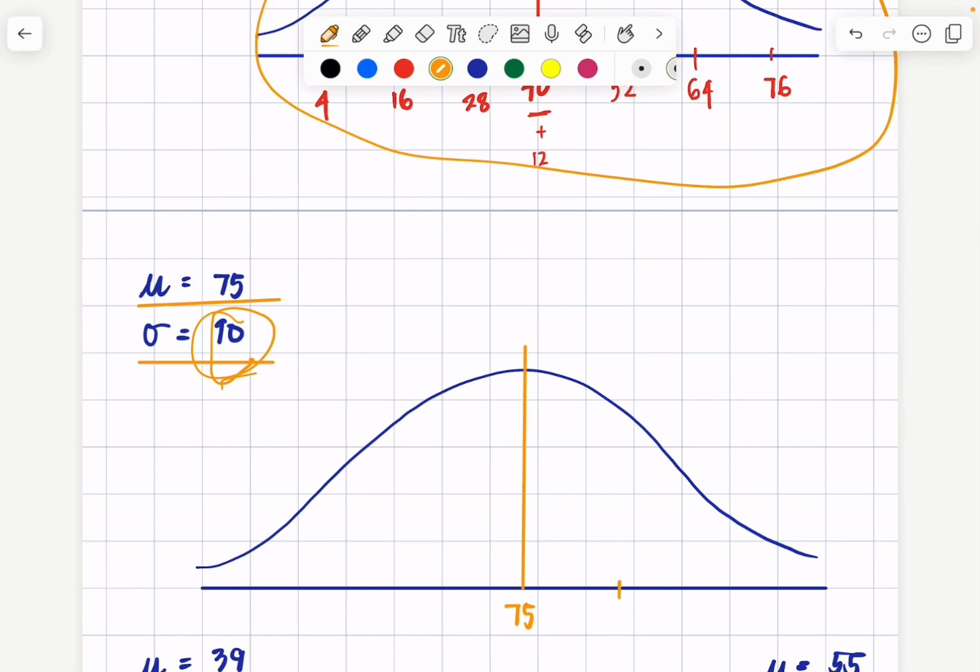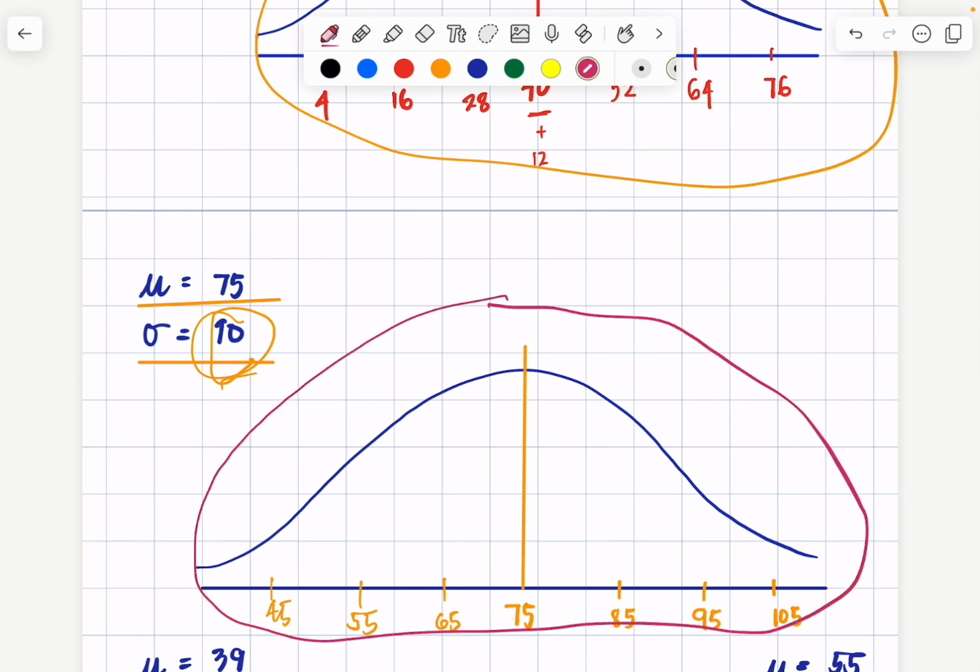So magbutang ka diri. So this will be pila man? 85. This will be 95 and this will be 105. The same sa pikas na siya gap nga 10. So 75 minusan na nimog 10, so that will be 65, 55 and 45. So then you're done. You already have your normal curve.